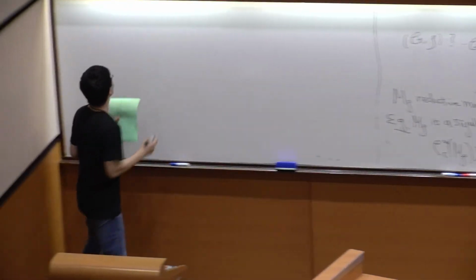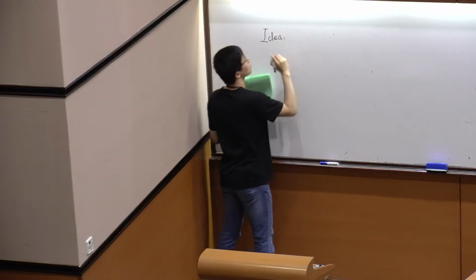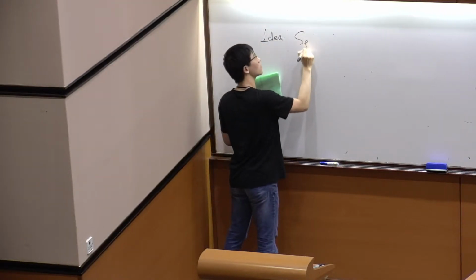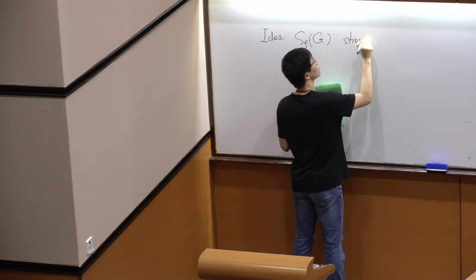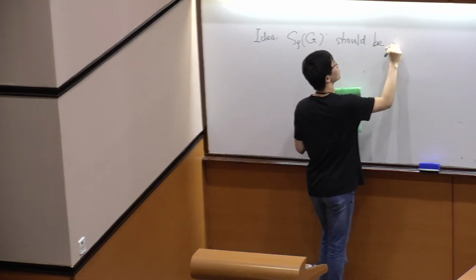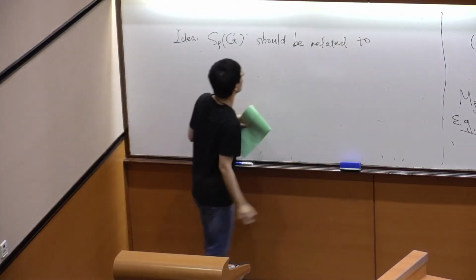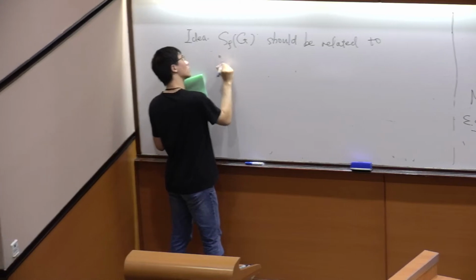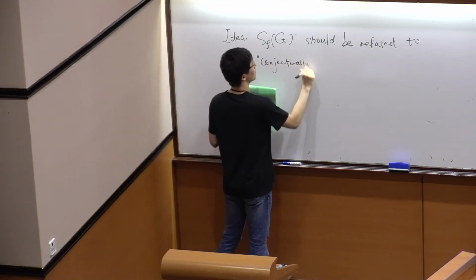Okay. So an idea is that the Schwartz space should be related to some conjectural theory of perverse sheaves on M rho.